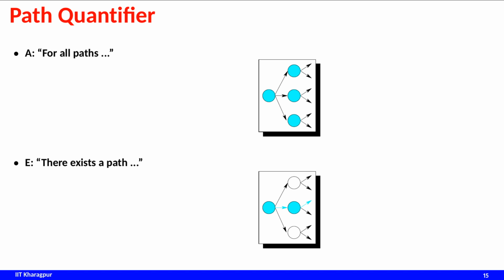So we specify this as a path quantifier, A and E. A means for all paths, and E means there exists a path. Now when I have a path formula like GP, and I add along all paths or there exists a path, it becomes a state formula, because from a given state I would like to see whether all paths satisfy this property or there exists a path that satisfies it.